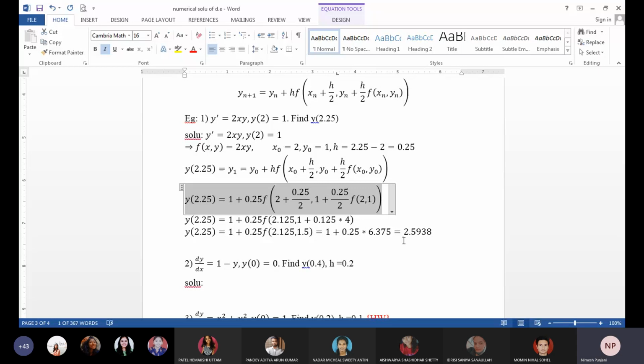If your f of x comma y is 2xy, what will be f of 2 comma 1? 4. हाँ 4. So that is what we have written, अभी उसको simplify करो. तो 0.125 into 4 will give you 0.5. और वहां पे तुमको, एक मिनट, I tell you that is what I understand कि क्या confusion हो रहा है. You're getting y component as 4.5 instead of 1.5.